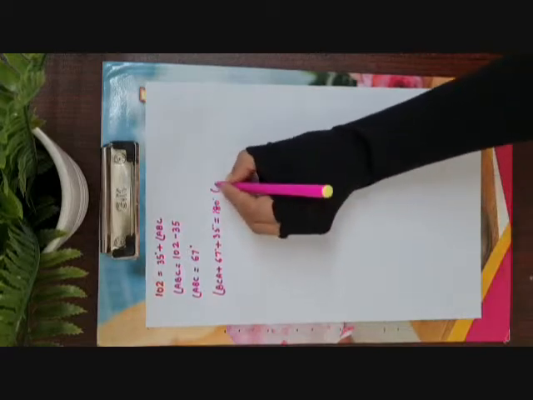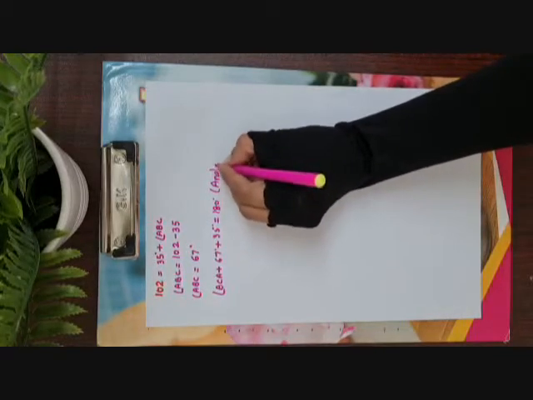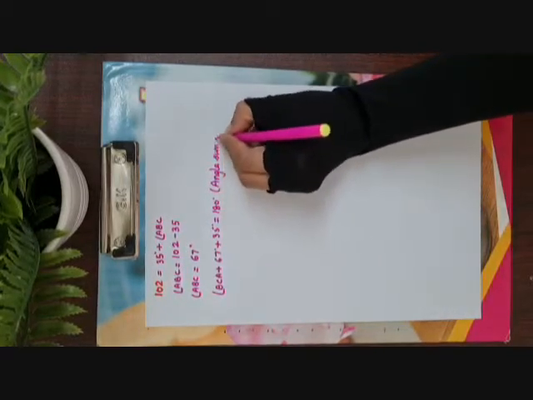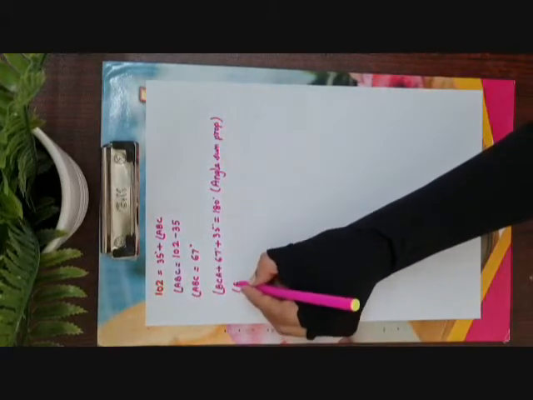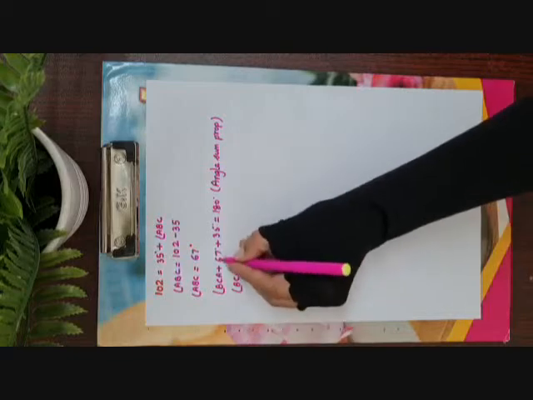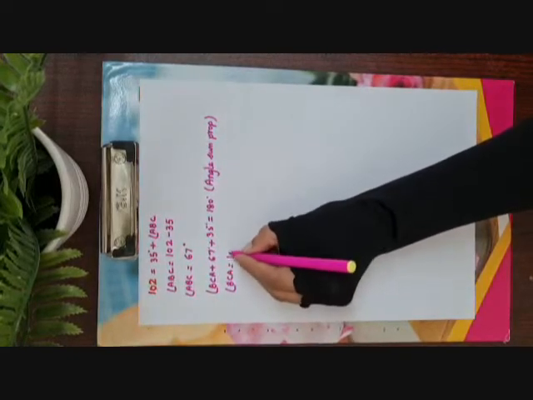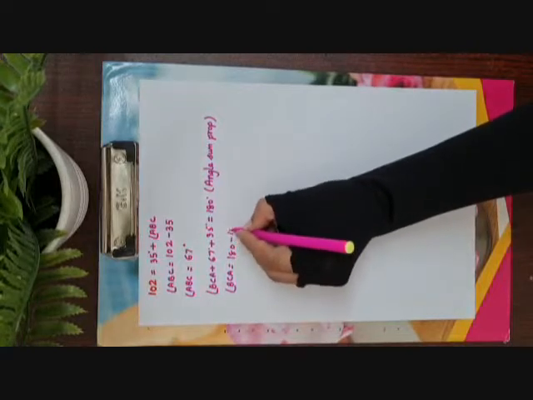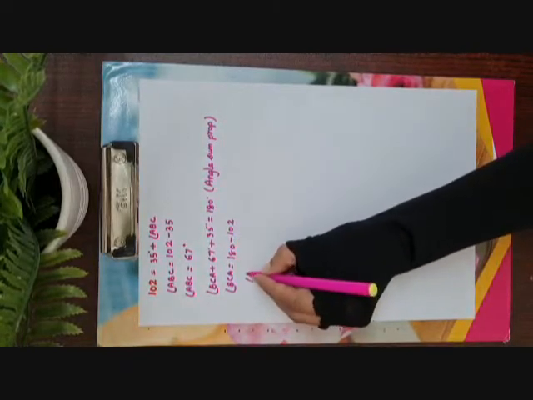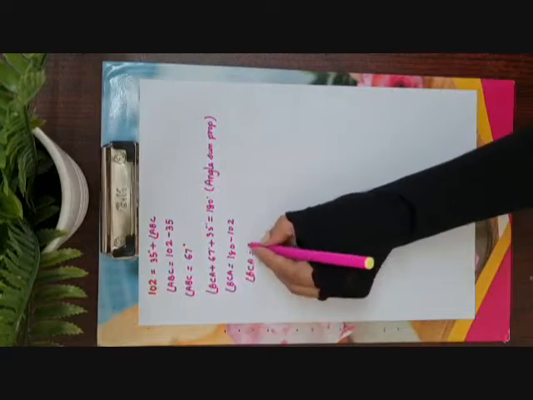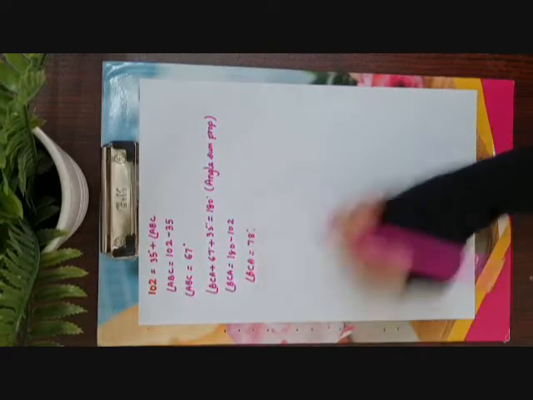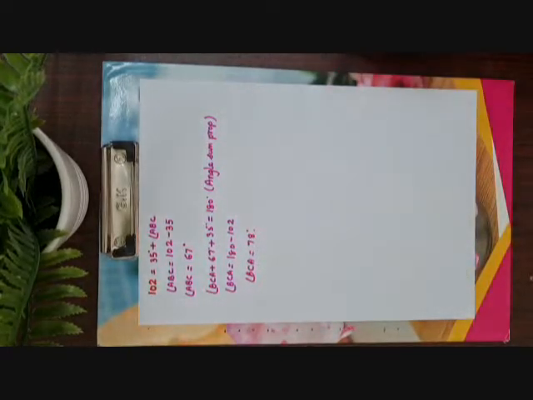Yes, children, what are we using? We are using the angle sum property. Now, angle BCA will be equal to 180 minus the sum of 67 and 35, which is 102. Angle BCA is equal to 78 degrees. We got the value of BCA now.